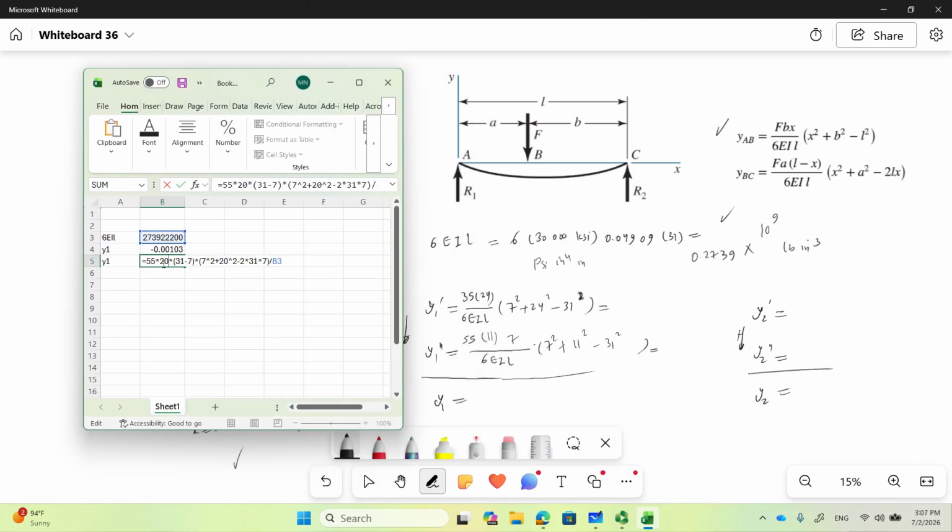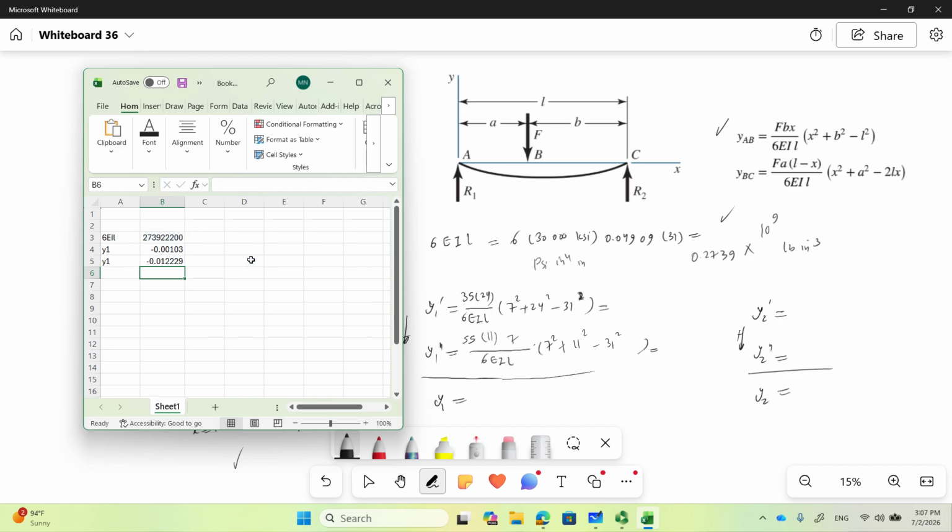Alright, so we gotta change this. 55 times 11, then times 7, then inside 7 squared, then 11 squared, then minus 31 squared.